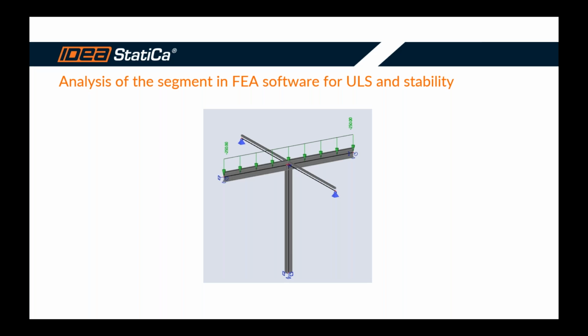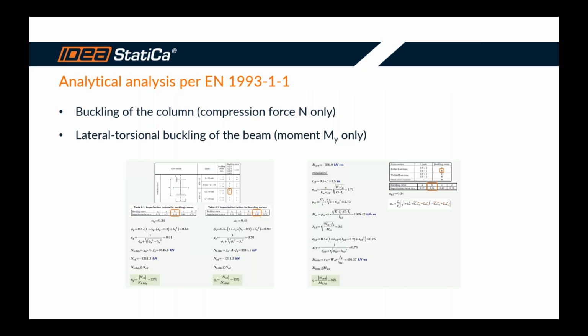And the second thing I do, and the original engineer did as well, was a, let's say, second calculation to make sure that the stability was assessed correctly. So I use the hand calculation following the code equations and procedures.